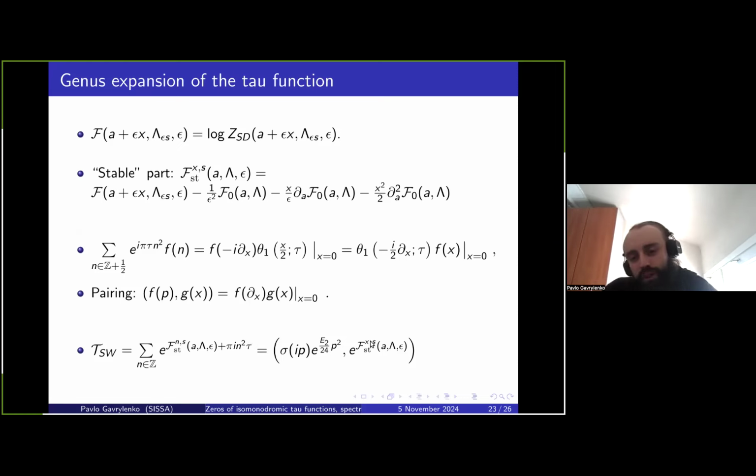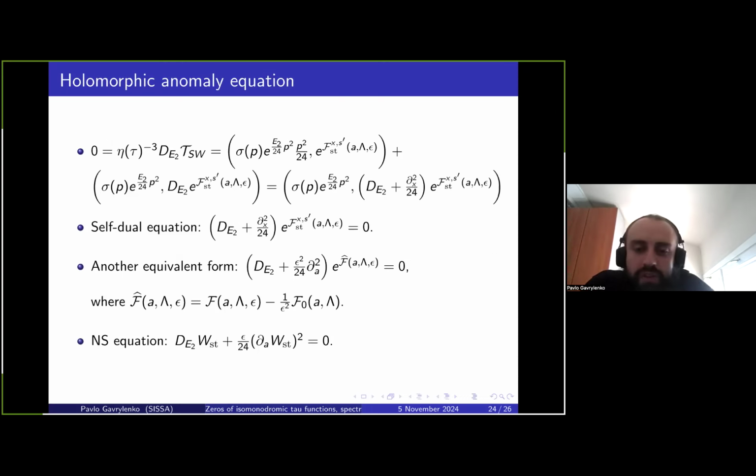This correction can be written as a pairing of some differential operator, which consists of sigma function and this E2 over 24 p squared, and this stable part, which contains terms of epsilon, epsilon squared, and so on. And if we now know that this does not depend on E2, we can simply write a differential equation that 0 equals to dE2 of this tau Seiberg-Witten.